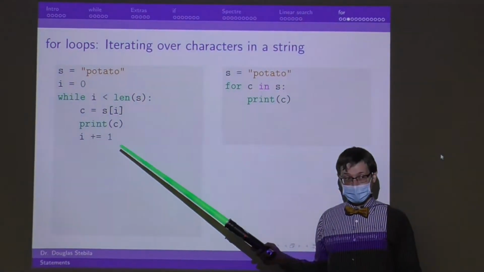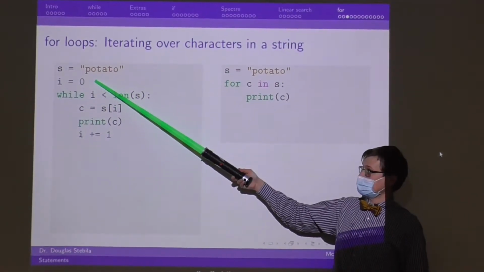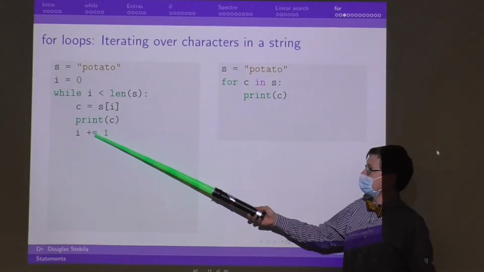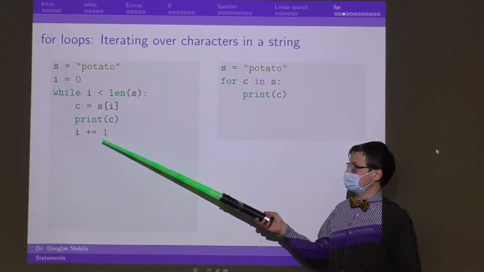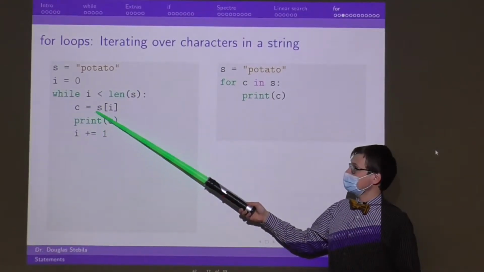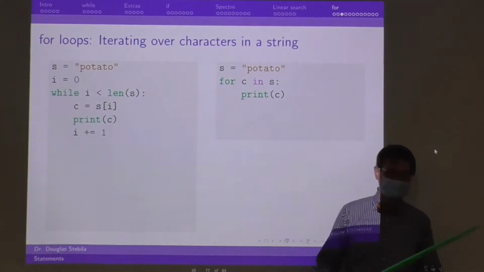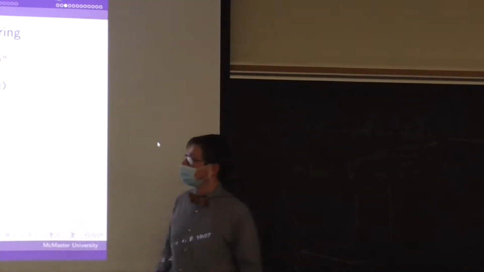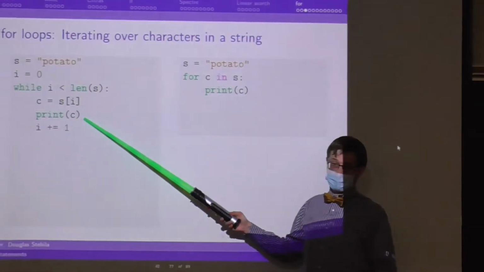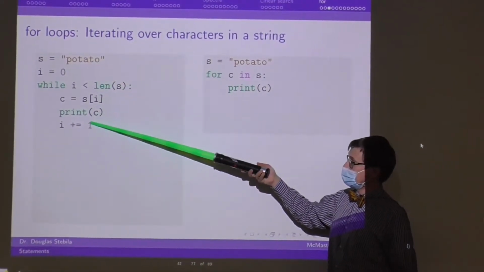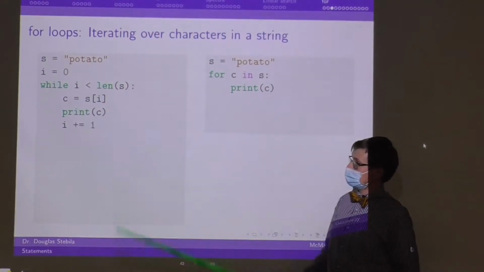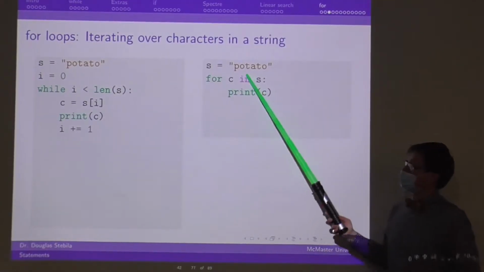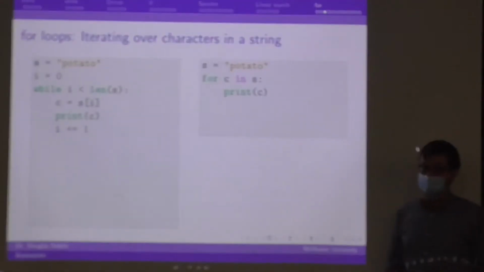If we were to do that with a while loop, we would initialize the index, we would have the condition testing against the length of the string, we would have to remember to add 1, and this line here is also equivalent to the assignment statement that's contained within the for loop. So to reproduce the functionality of the for loop, you need a program that contains 6 lines of code, whereas with the for loop, you can accomplish the same thing in 3 lines of code.